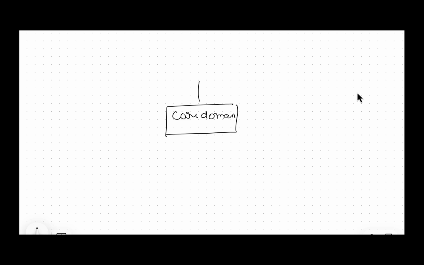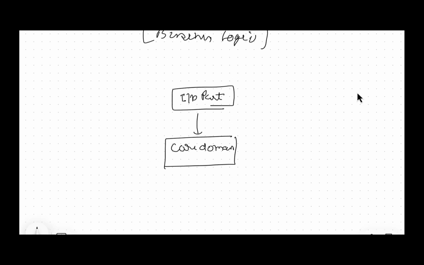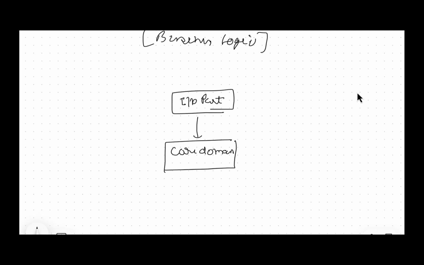Now it is connected to the input port, correct? Then I'm going to add adapters. A request is coming, so I will write here inbound adapter, and this is your web REST API.